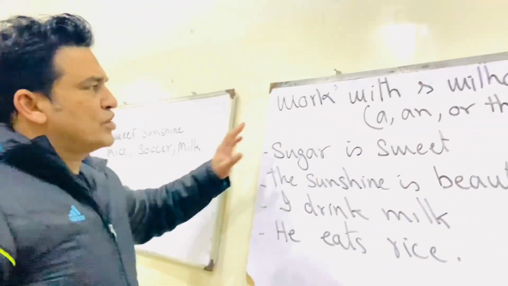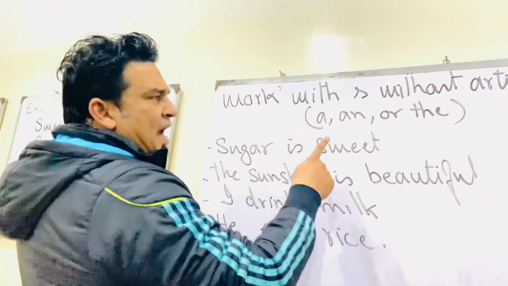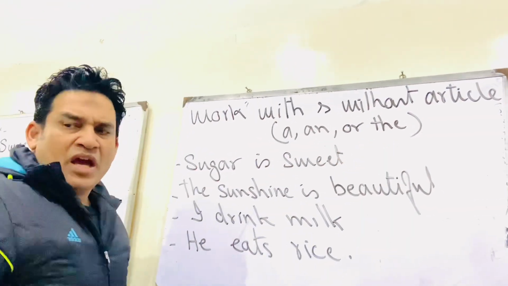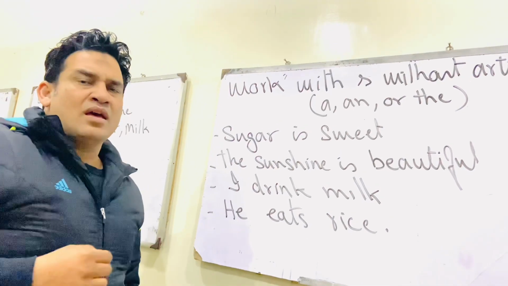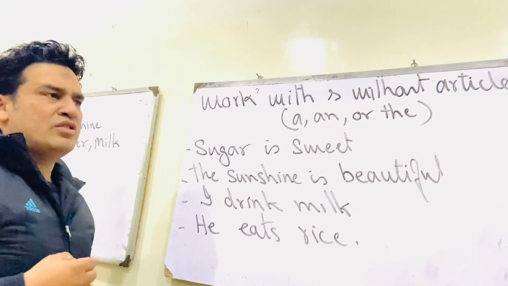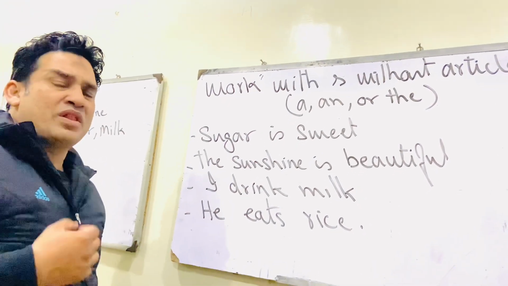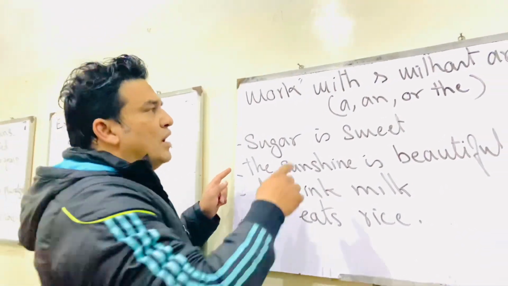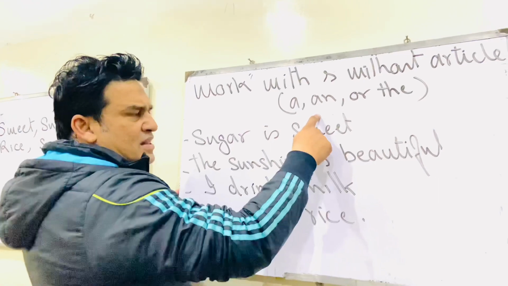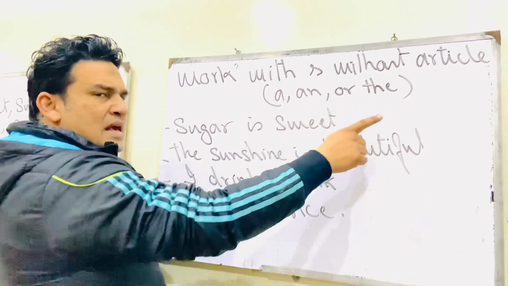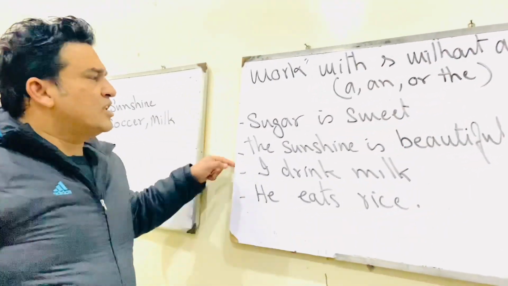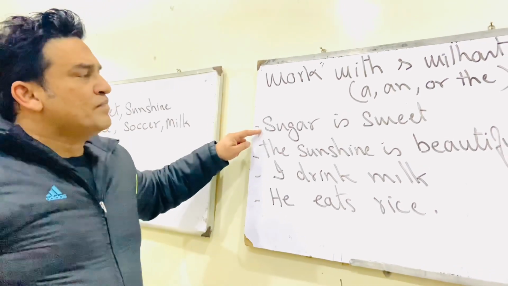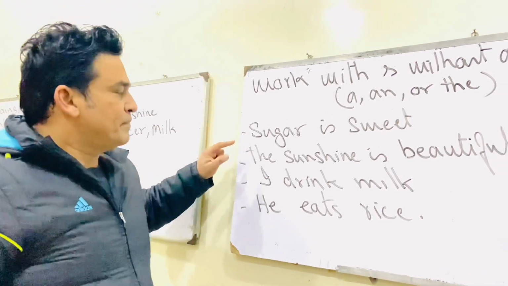Non-count nouns work with and without articles. If you are thinking about whether non-count nouns work with articles or not, they do. The articles are a, an, or the, and we can use articles with them. For example, sugar is sweet.